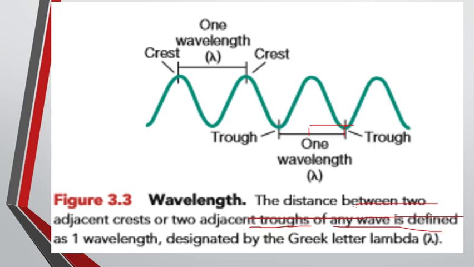So light is an electromagnetic wave, and it possesses the attribute of wavelength that assists in diffracting it.